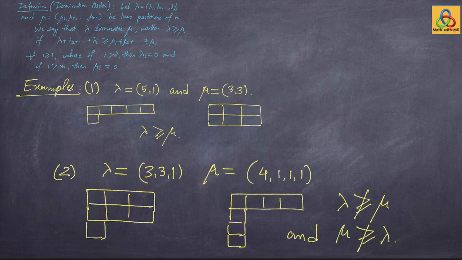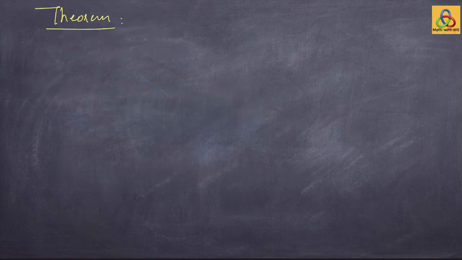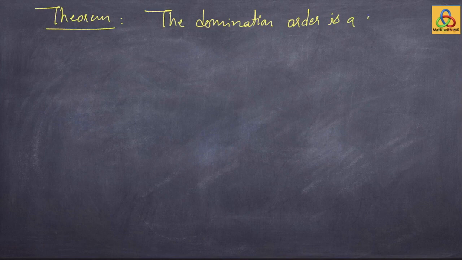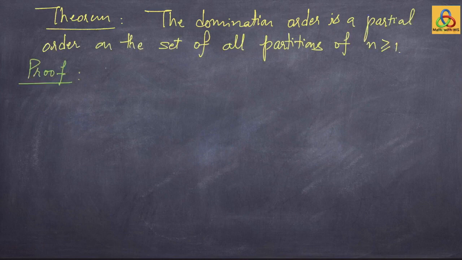Next, we show that this order is indeed a partial order on the set of all partitions of n. The domination order is a partial order on the set of all partitions of n. Reflexivity of the domination order is obvious.